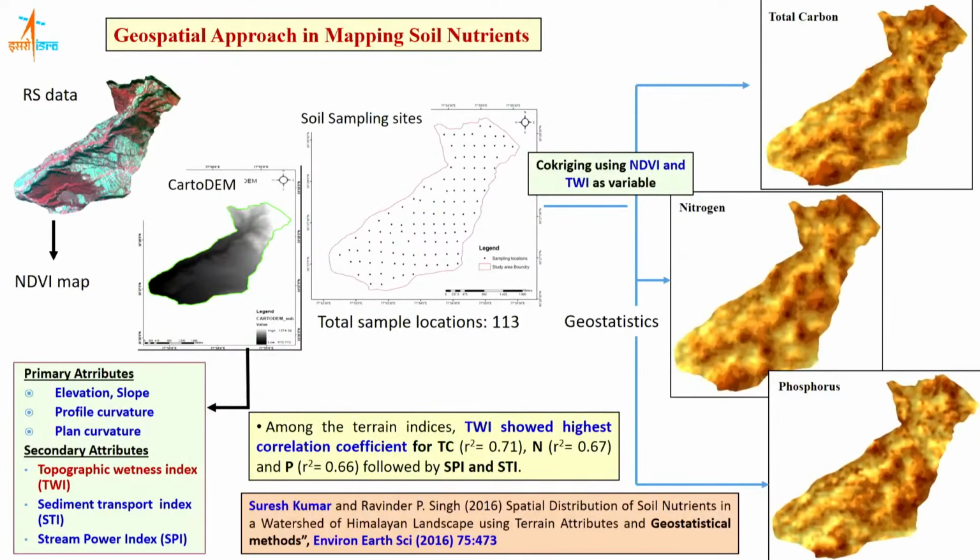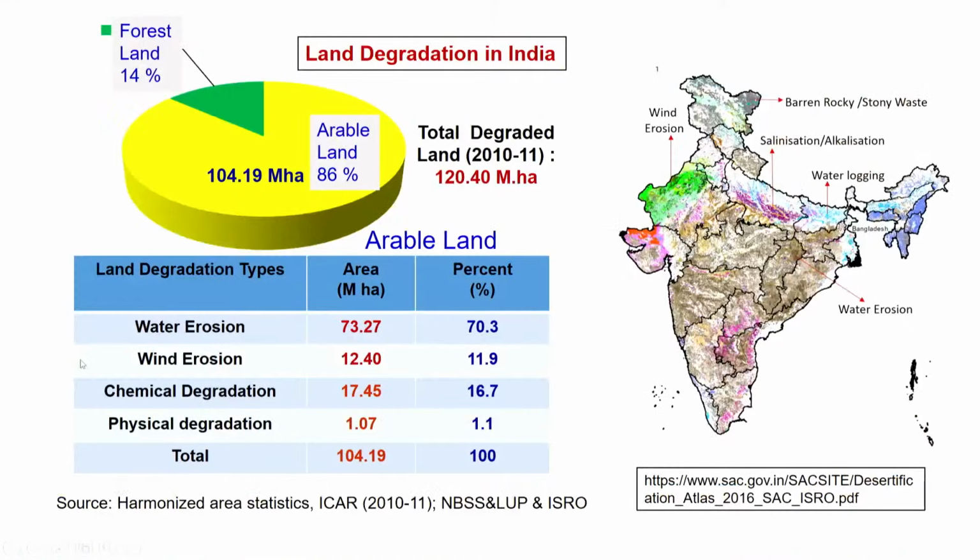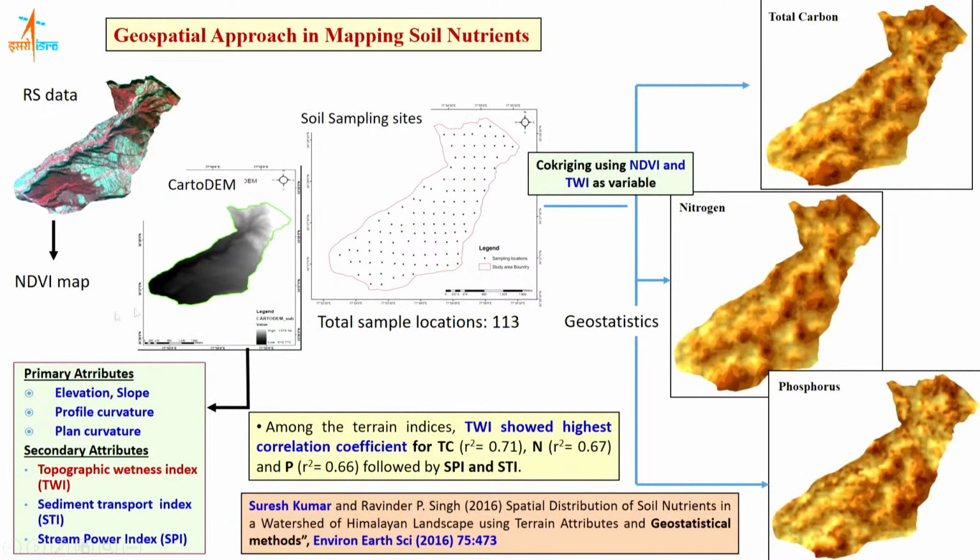Here I am showing one example of how we can use this technique for the mapping of soil nutrients. You see that here is the remote sensing data, the satellite data, FCC.